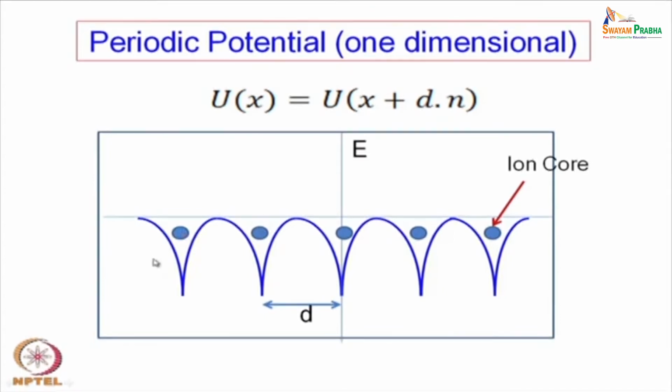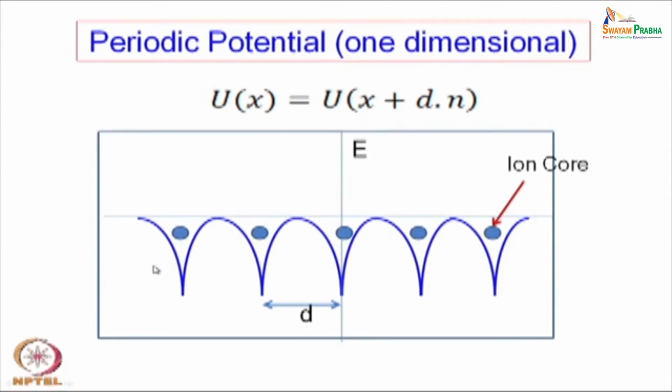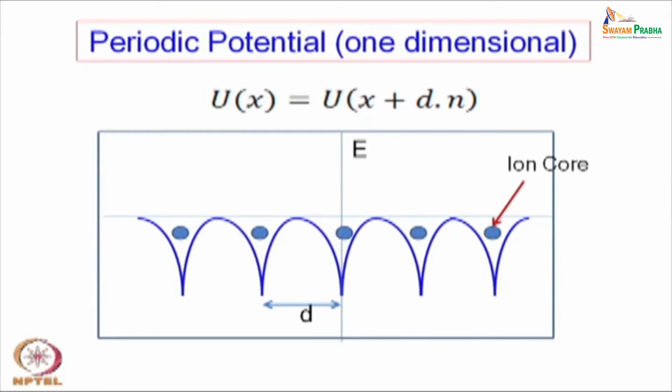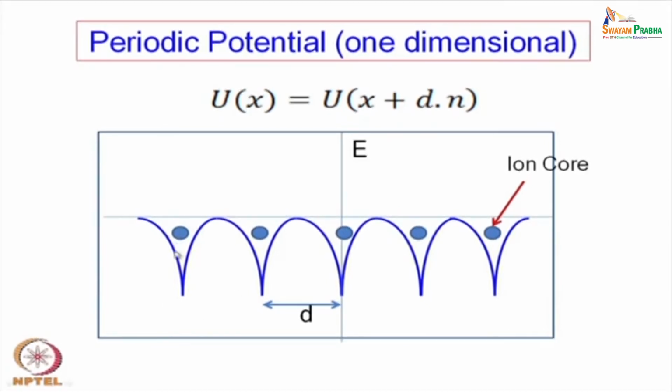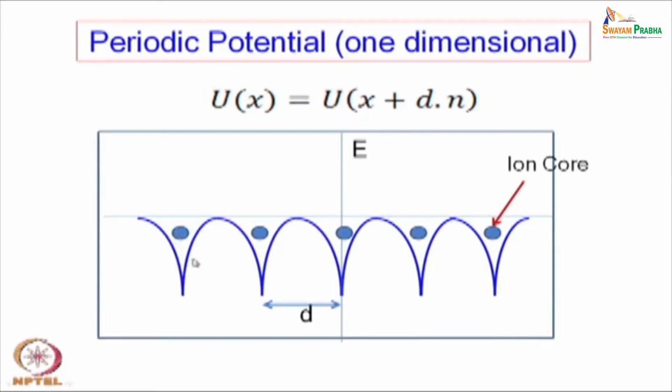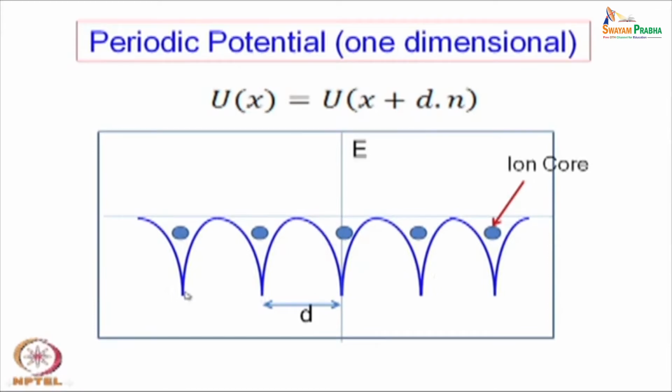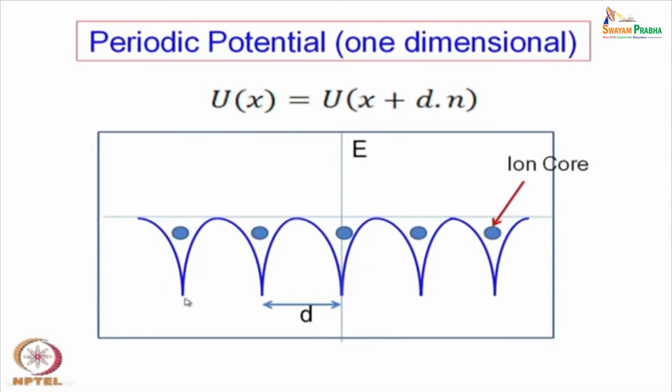Near the position of the ion cores the potential is very low, whereas away from the ion core the potential is high, which means the residence time for the electrons is not uniform throughout the length and breadth of the solid. More time it spends near the ion core than away from the ion core.